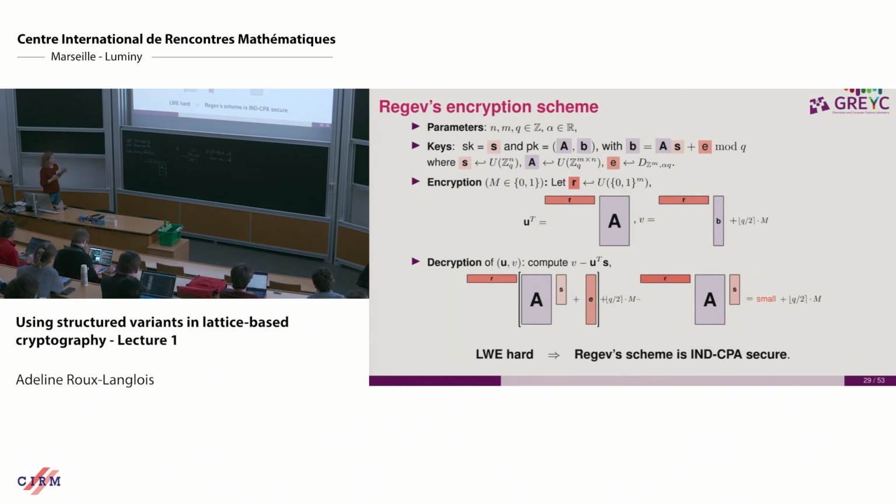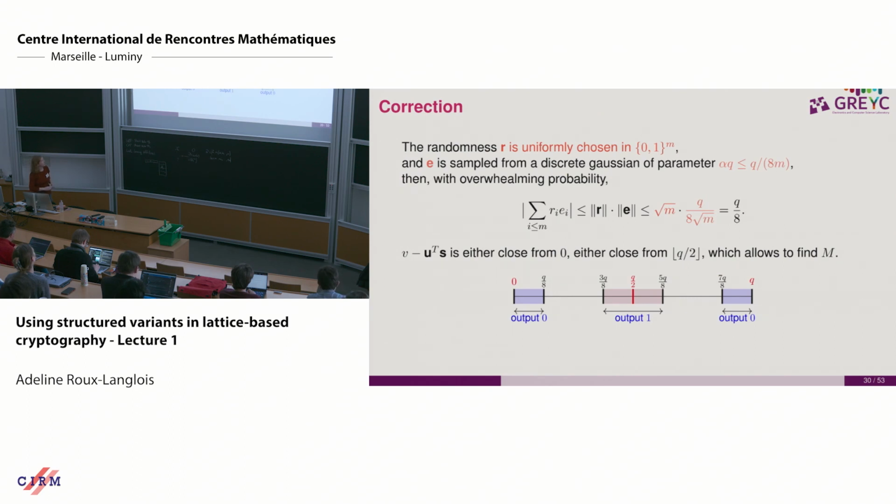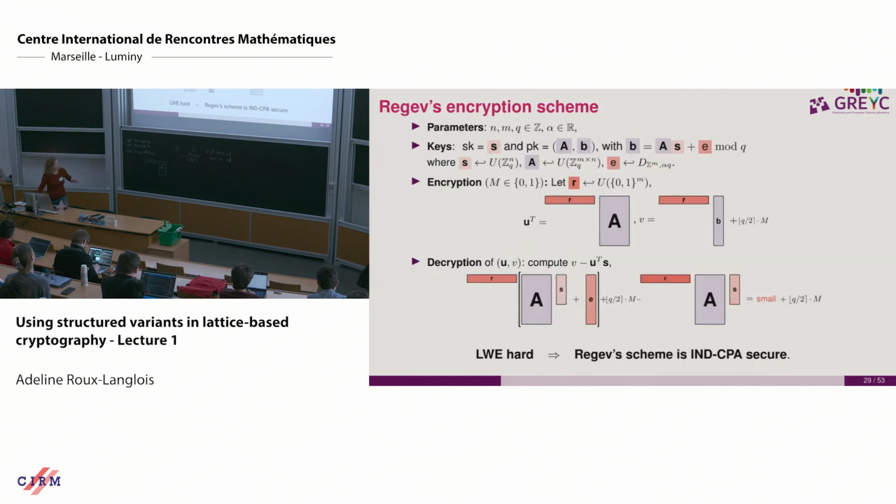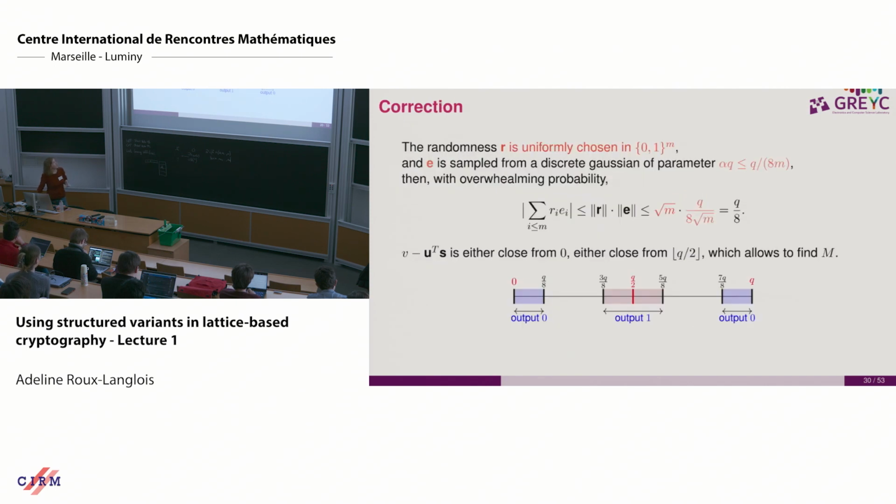And what you can show is that if the LWE problem is hard, then this scheme is secure for the IND-CPA security. So we'll see just after what it is. So just to give a bit more detail on these small elements over there.